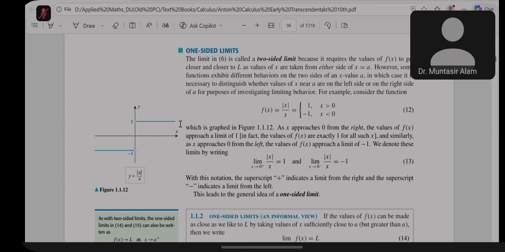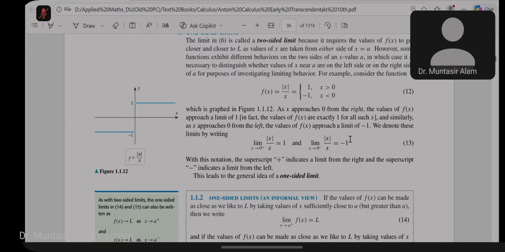And the remaining part of the piecewise function gives a function value of -1 if we take x less than 0. That means for any negative value of x, the function value is always -1. So this is also a straight line parallel to the x-axis, 1 unit in the downward direction.